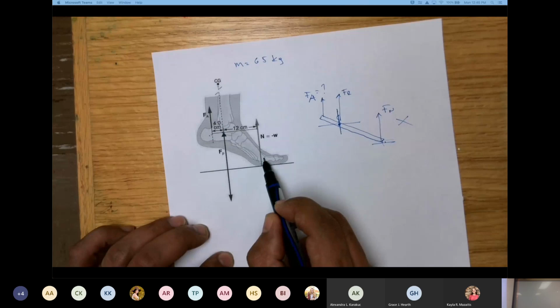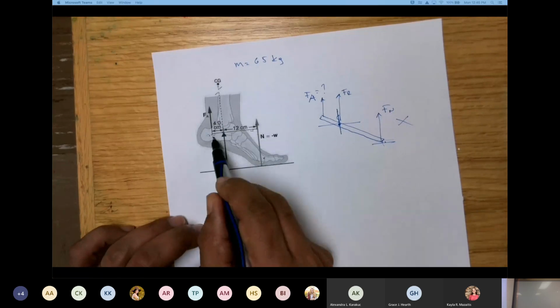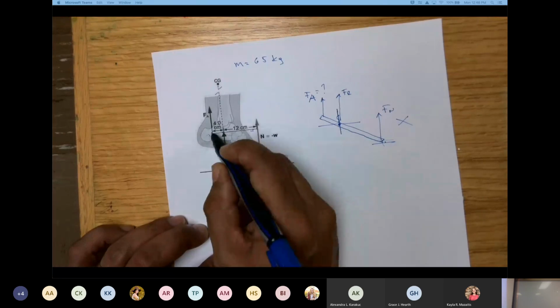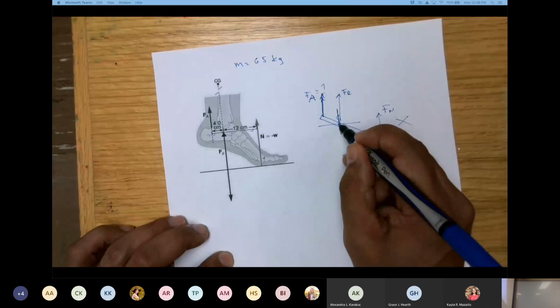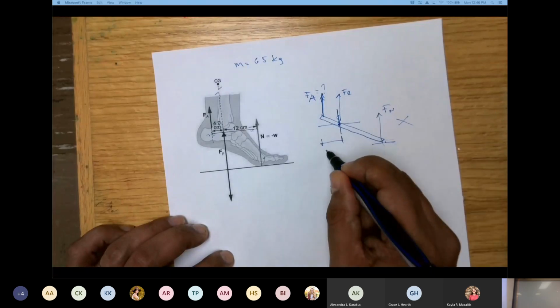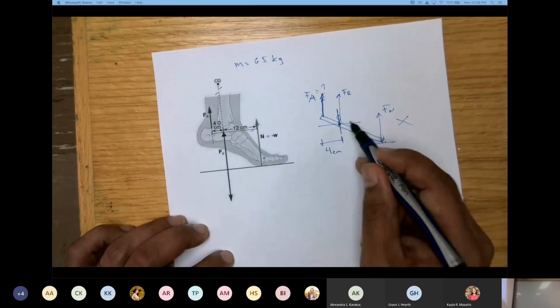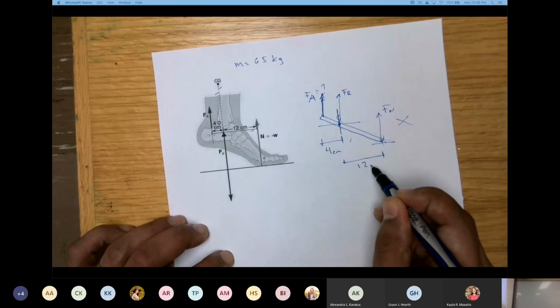So you can get these distances. In this particular position, the distance between the Achilles tendon and the ankle is going to be 4 centimeters, and the distance between the toes and the ankle is going to be 12 centimeters.